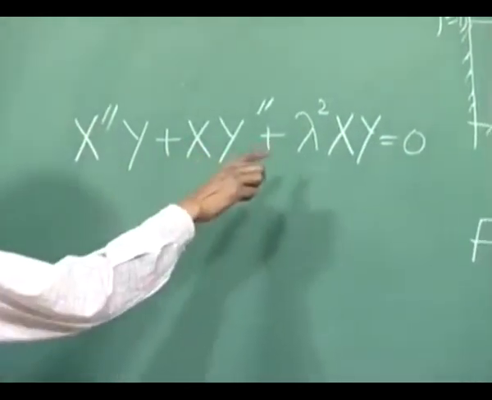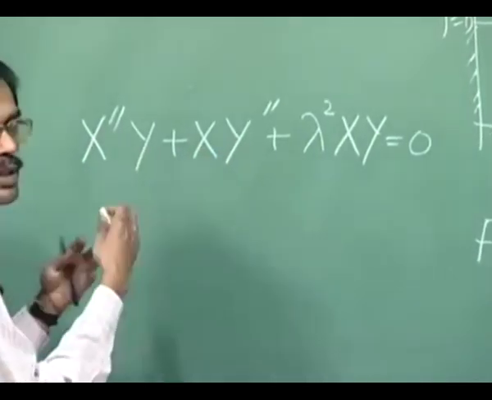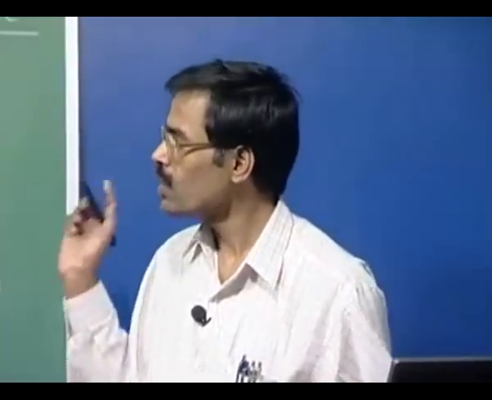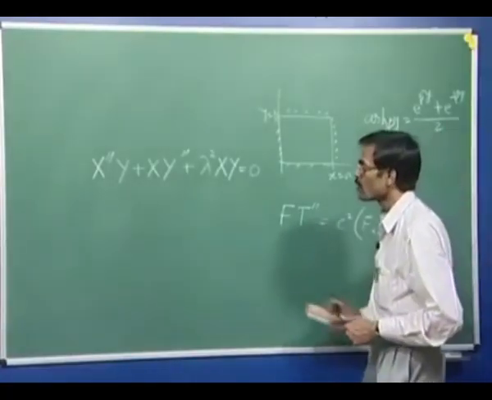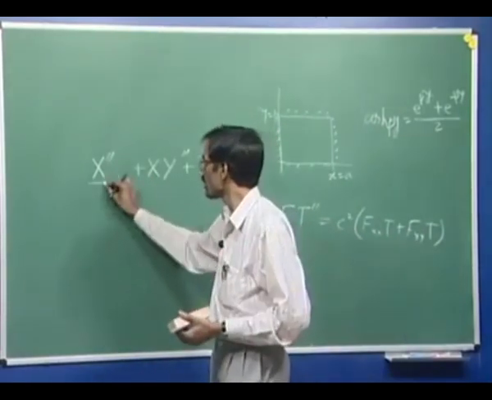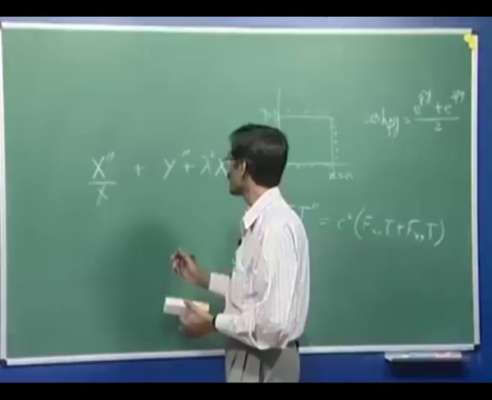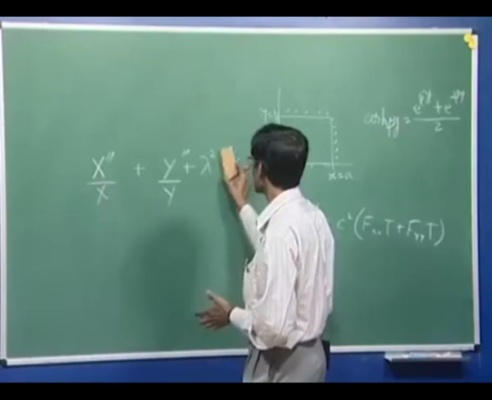Now, in order to separate x and y terms, we can do it in several ways. One possible way is to divide overall by XY, capital X capital Y. As we do that, from here Y will go off, X will appear here, from here X will go off, Y will appear here, and from here both will go off.